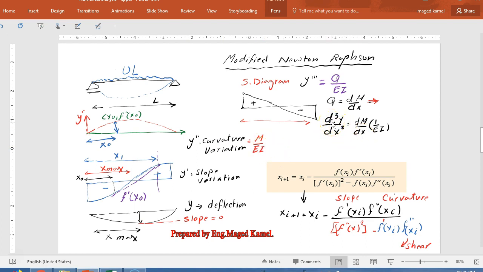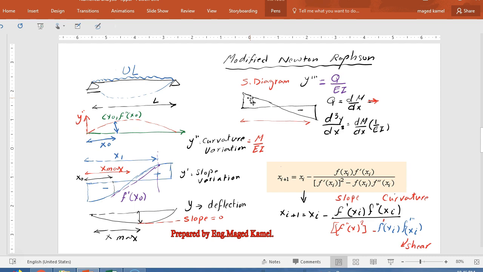So d3y over dx3 equals dM over dx divided by EI. The expression we are familiar with, dM over dx, is the shear diagram. That's why d3y over dx3 equals q over EI. This is our new f triple dash.